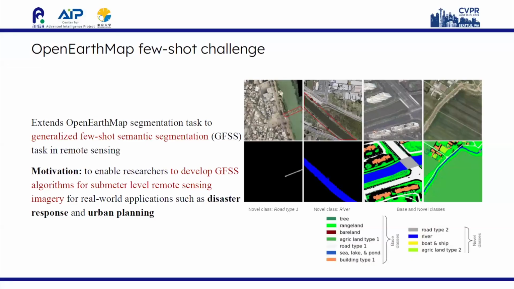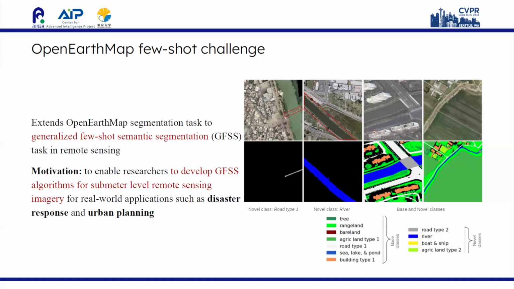So for this challenge, we extended the 8 class labels in the original benchmark and made it a few-shot challenge because we want other CV community members to come to remote sensing and develop algorithms for this purpose. In terms of urban planning, we need high resolution data and high resolution mapping.